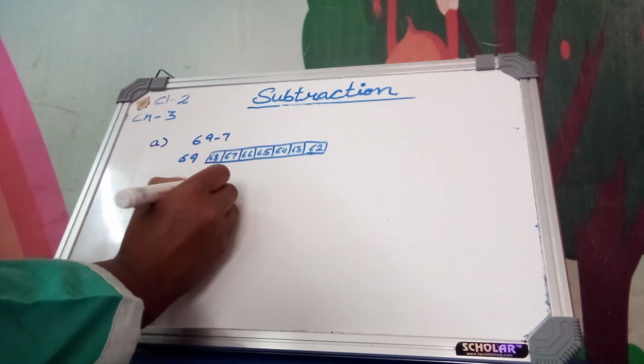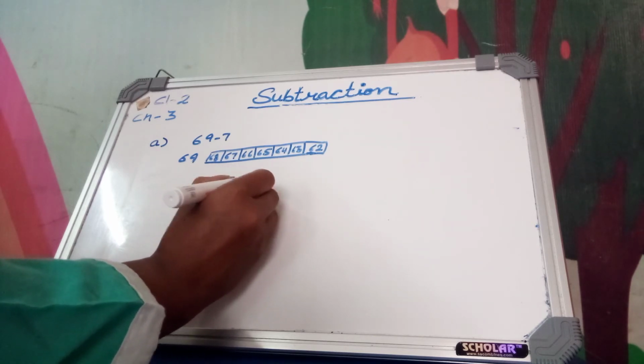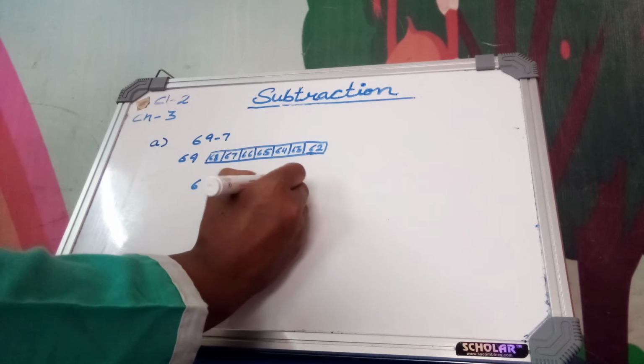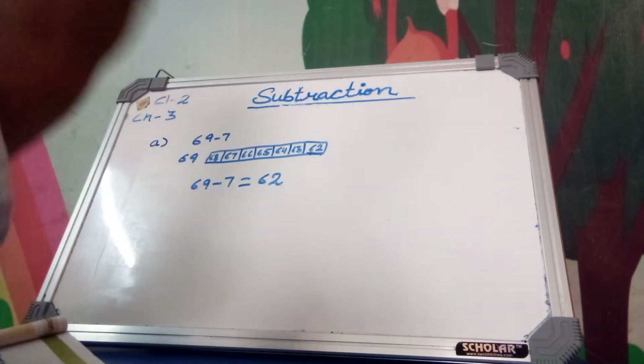From 69 we will take away 7. The answer will be 62. The last number is our answer.